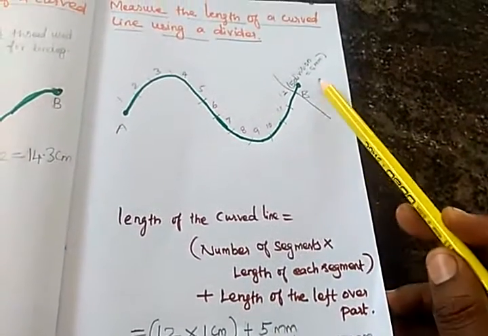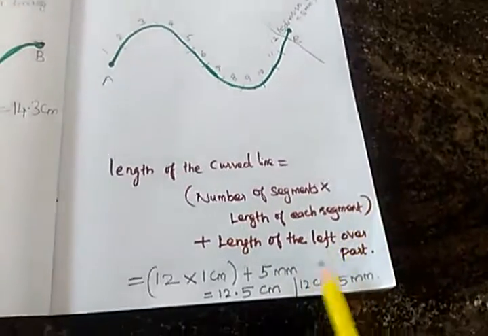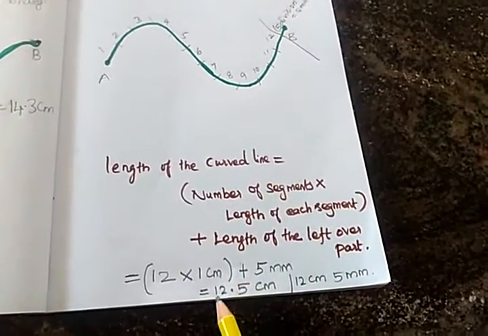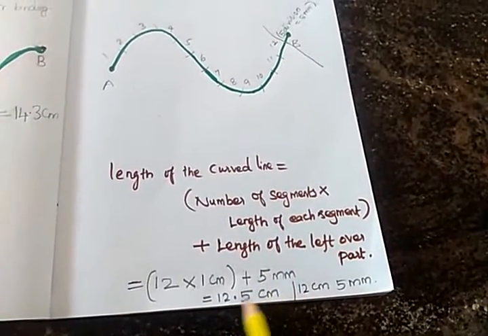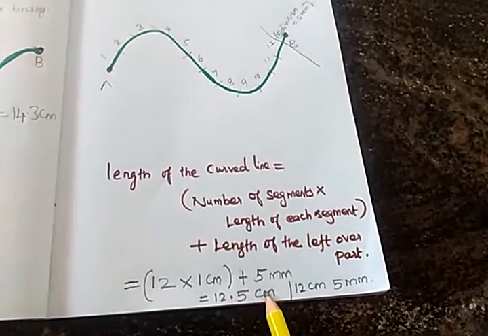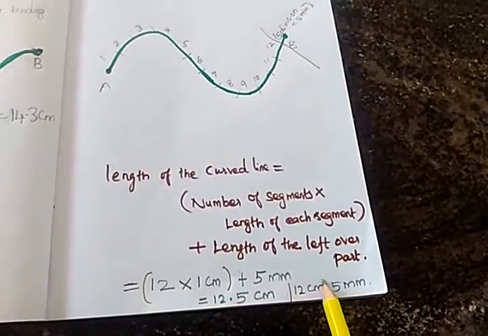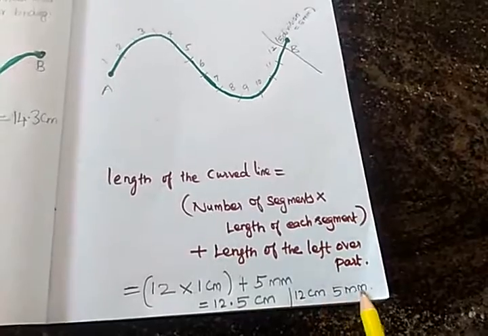We have 12 segments. So 12 times 1 centimeter plus the leftover part of 5 millimeter. 12 times 1 is 12, plus 5 millimeter. So finally we get 12.5 centimeter, also written as 12 centimeter 5 millimeter.